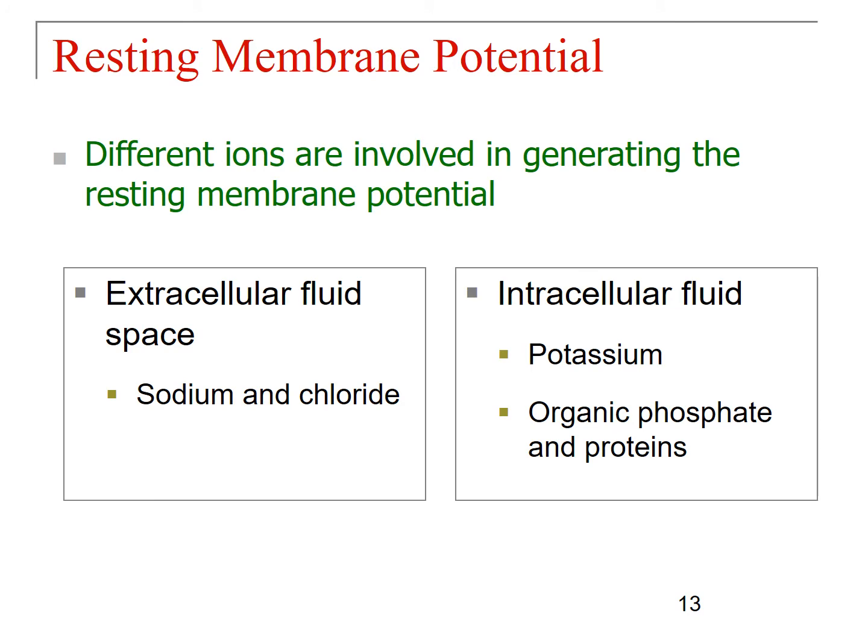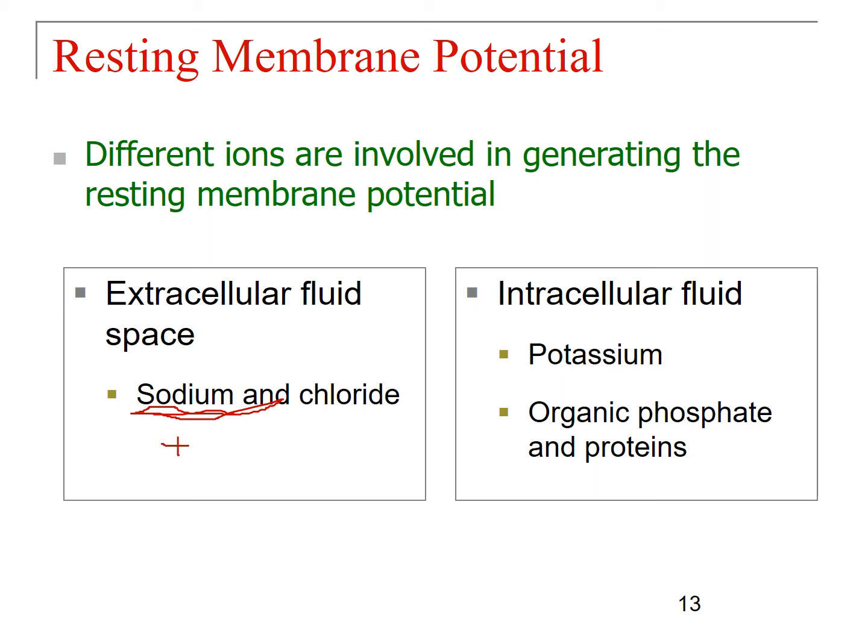Okay, in resting membrane potential, you've got different ions that are involved in setting up the difference between the outside and inside of the membrane. Some ions are on the outside of the cell and some are on the inside. Your main ion located on the outside is sodium, which is a positively charged ion.